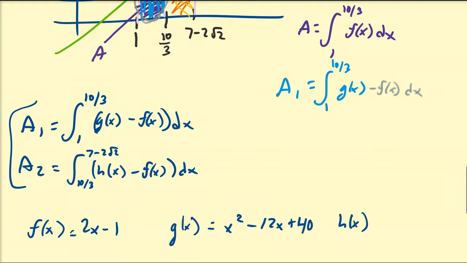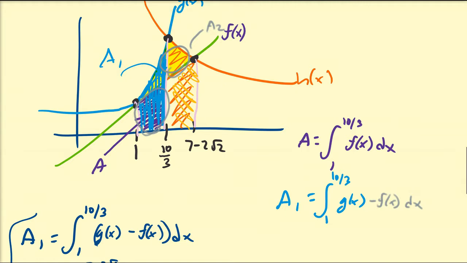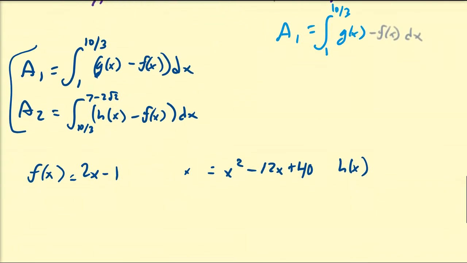And h of x is going to be that other curve. Nope, this is not right. So g of x is equal to x squared, and h of x is the other one.